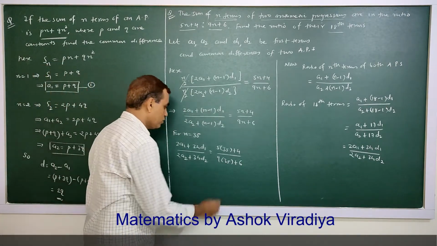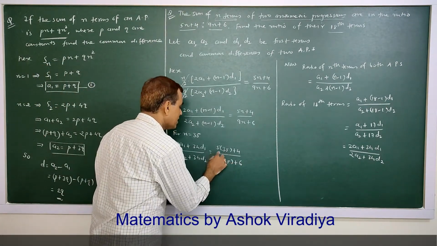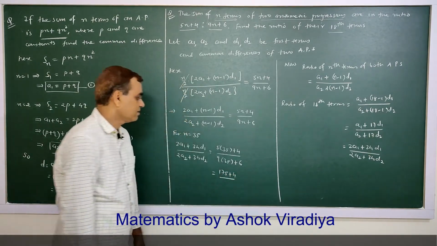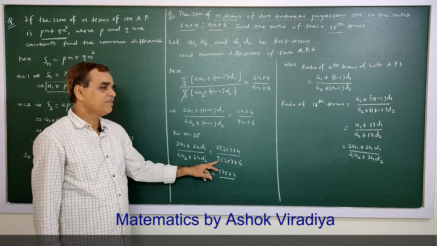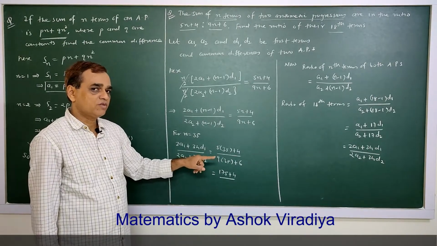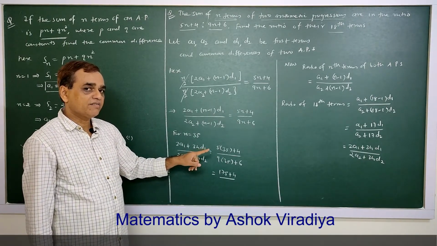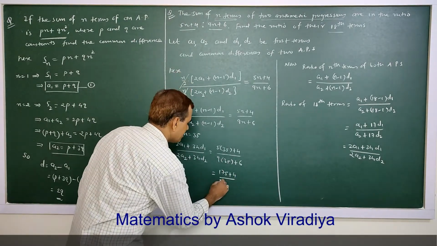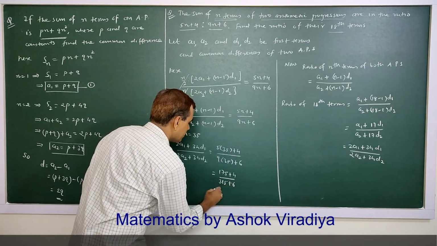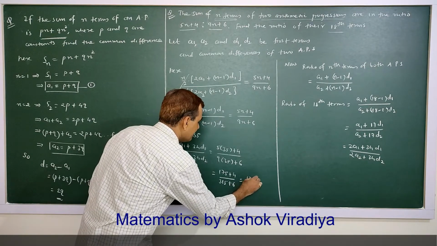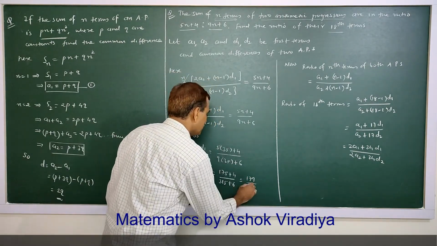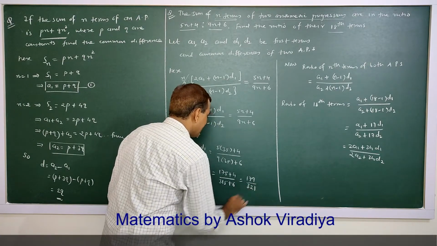So it is equal to 175 plus 4 upon 350 minus 35, 315, 315 plus 6. So it is 179 upon 321.